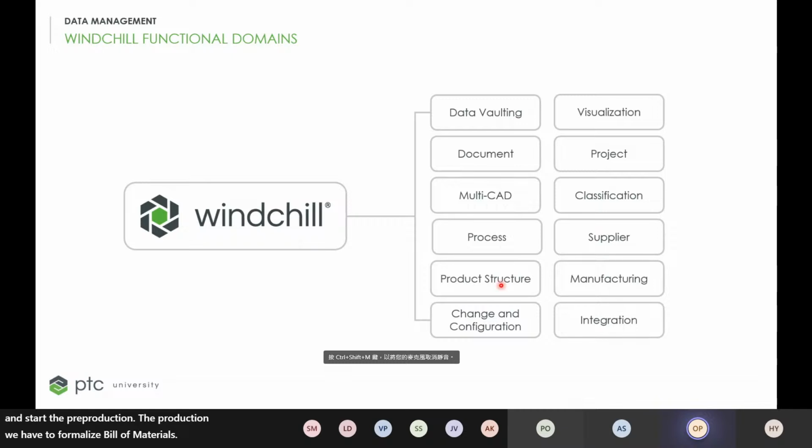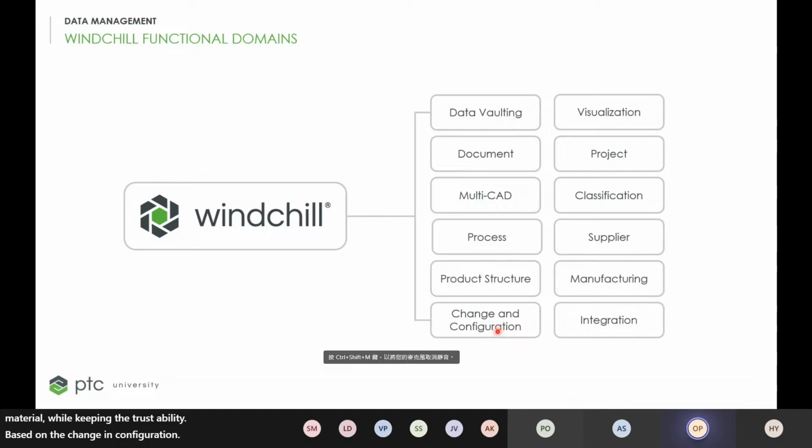Based on these product structures, multiple CADs and parts linked together into a hierarchy, we can define the bill of material of the product, and we can apply a set of changes to these components while keeping the traceability, making changes and additions to the bill of material while keeping the traceability based on the change in configuration.